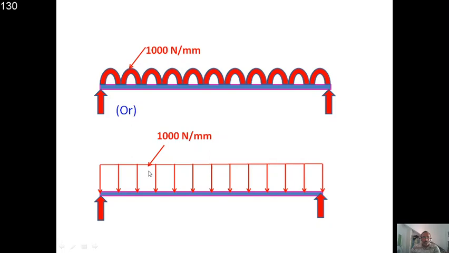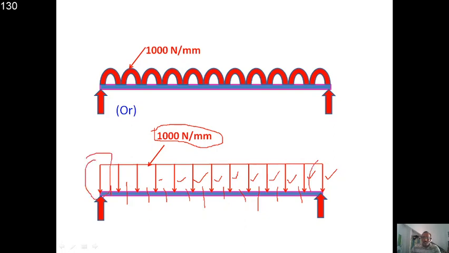The intensity I am talking about, this 1000, is here also 1000, and at each and every point you consider it will be the same. So from this point onwards to this point, this is a UDL, right?